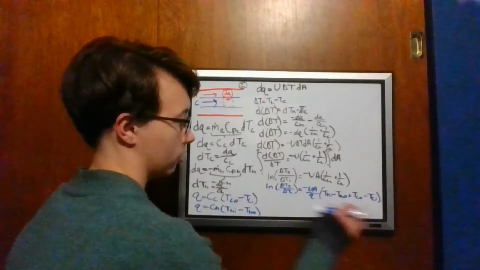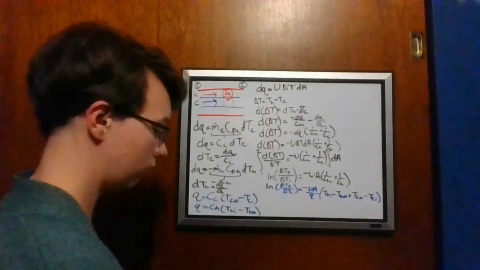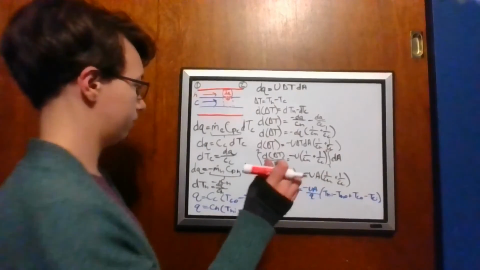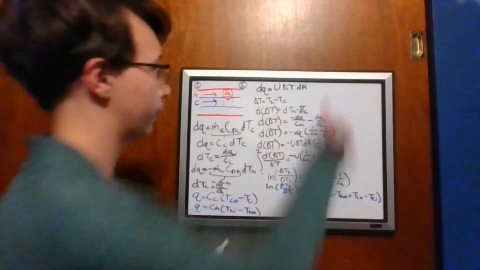Alright, so at this point we want to take these temperatures and put them in terms of our delta T1 and delta T2. So first we probably want to define what delta T1 and T2 are. I'm going to clear this, and we can do it up here.